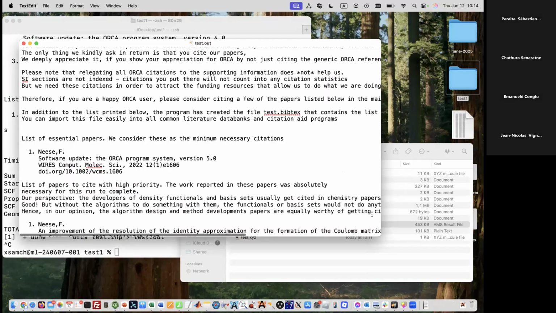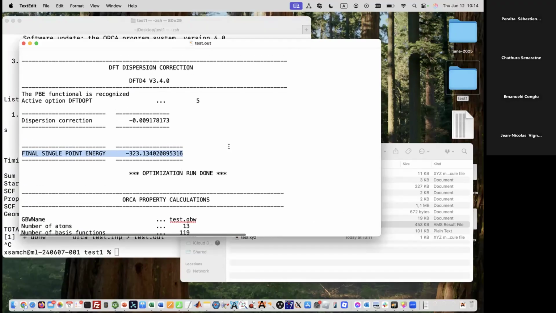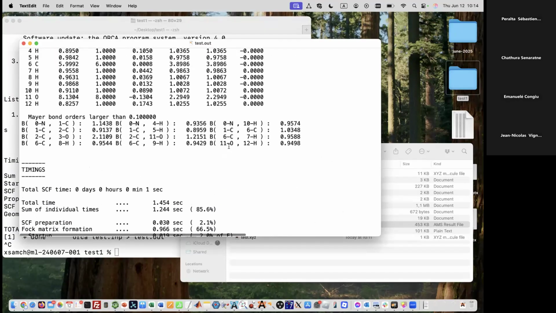If you go up slowly, you can see some properties as well. So these are Mayer bond orders. Mayer bond orders are very interesting and very useful in some cases. You can get an idea about the presence of a single bond.